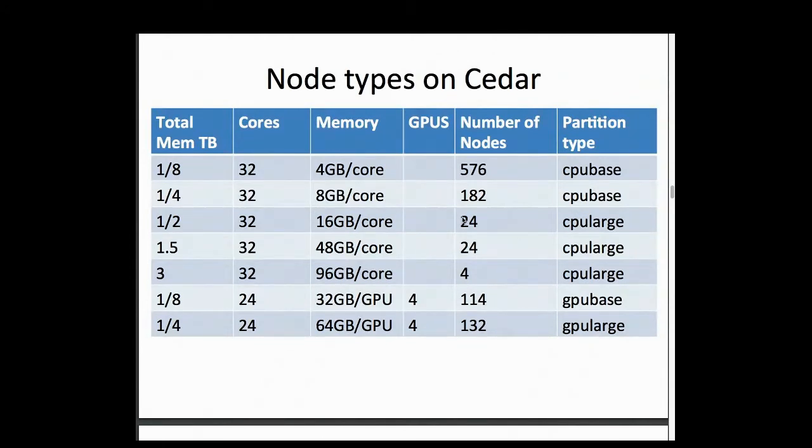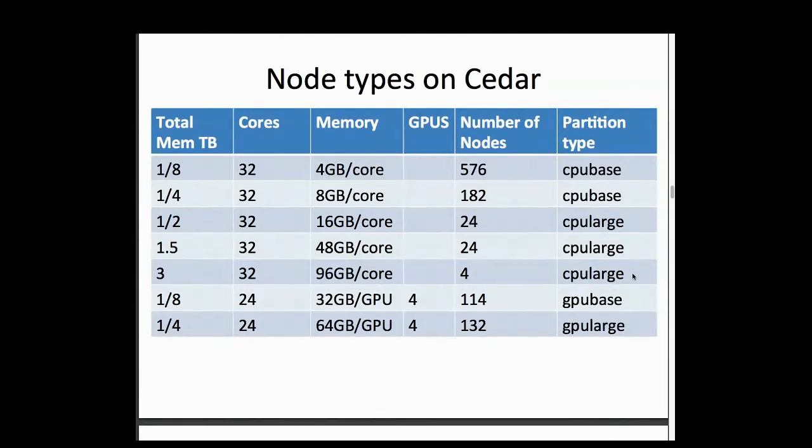Now, there are 24 nodes of the 16 gigabyte per core variety. There are 24 nodes of the 48 gigabyte per core variety. And there are 4 nodes of the 96 gigabyte per core variety. All 3 of these are classified as CPU large for us, large memory nodes.